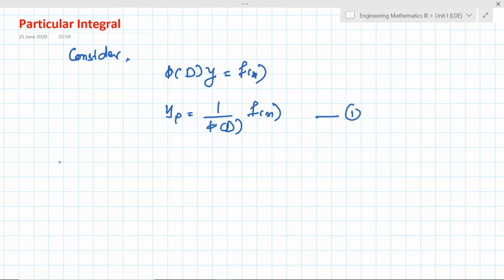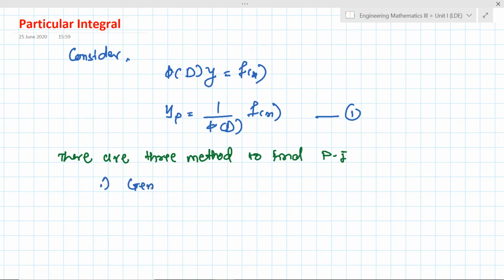But there are three methods to find a particular integral. See them one by one. The first method is the general method. The second is very simple and important, the shortcut method.